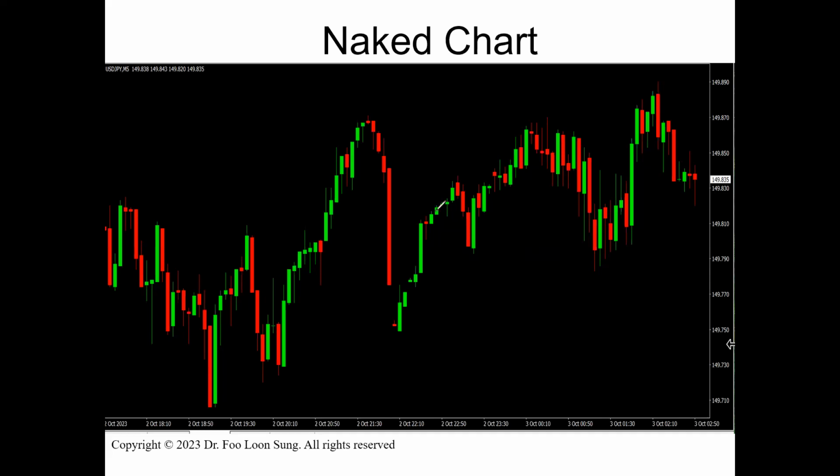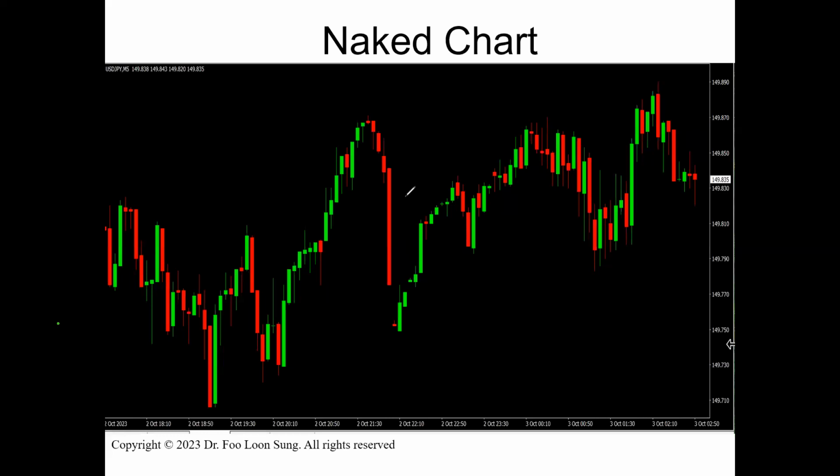All these are candlestick patterns. The red denotes the bearish candles. The green denotes the bullish candles. By looking at the charts, you can actually read what the market is telling you.